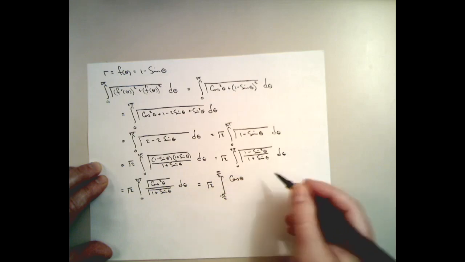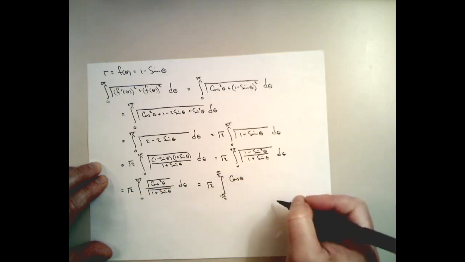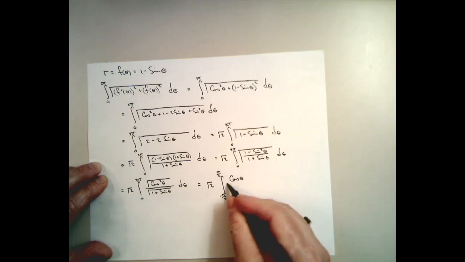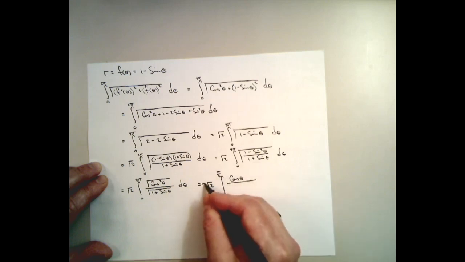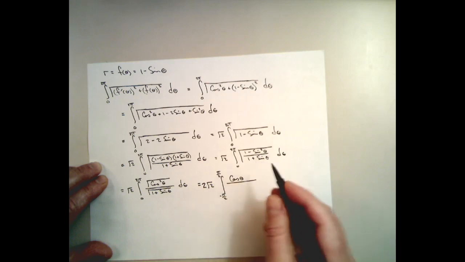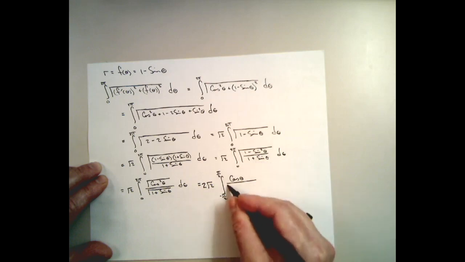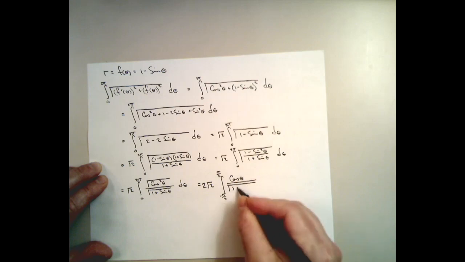So that would give me the right hand portion of my graph. And by the symmetry of the graph, I'll then double it. And that'll give me the entire arc length that I'm looking for.